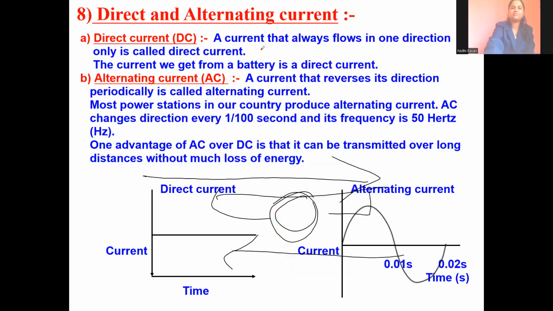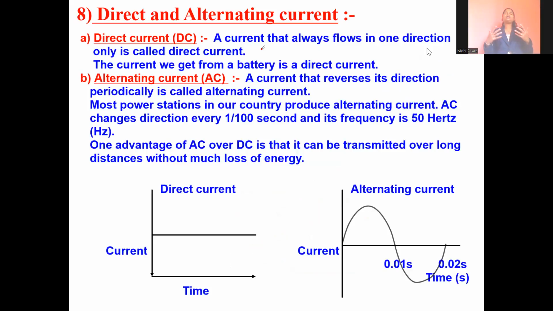Next concept. In normal life, when the elders are talking, you might have heard terms like direct current and alternating current. A direct current is a current that always flows in one direction.